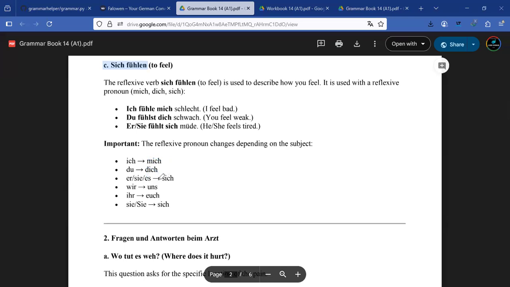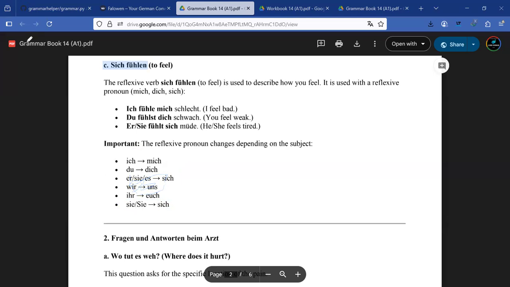Himself, itself, themselves is going to be "sich." Ourselves is going to be "uns." Yourselves is going to be "euch." Themselves is going to be "sich." But for today, let's just focus on these ones. The more you advance, you can look at this information.